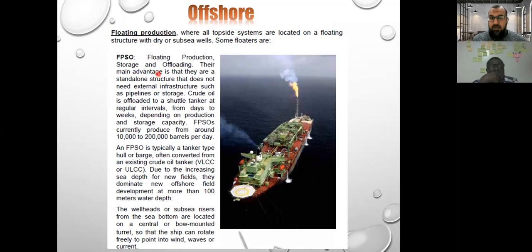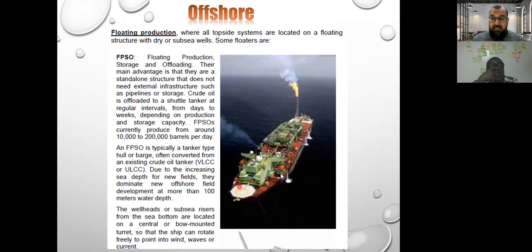The common terminology for this floating production is FPSO. This is very common in offshore. They call it what? FPSO. Floating production, storage, and offloading.